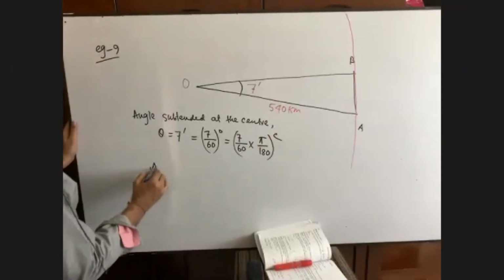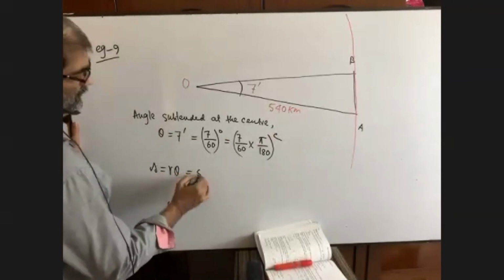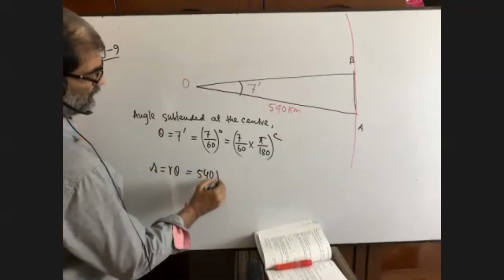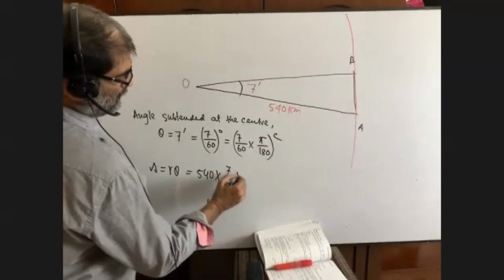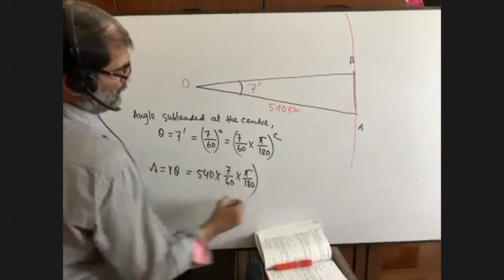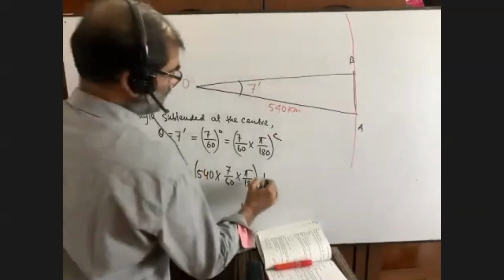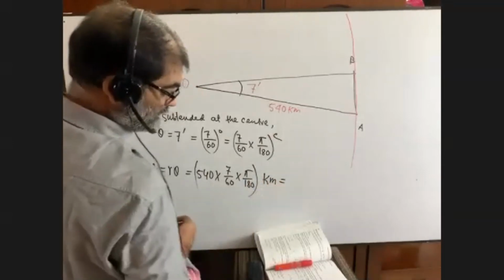We know S equals r theta. What is r? R is 540 kilometers. What is theta? Theta is 7 by 60 into pi by 180. Now use the calculator to get the answer. Be quick.